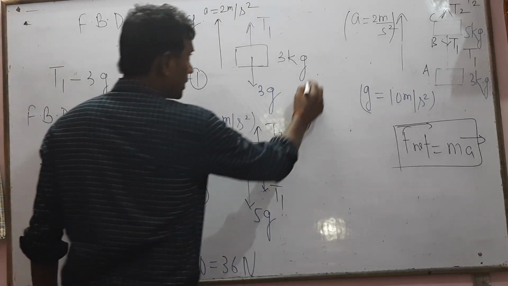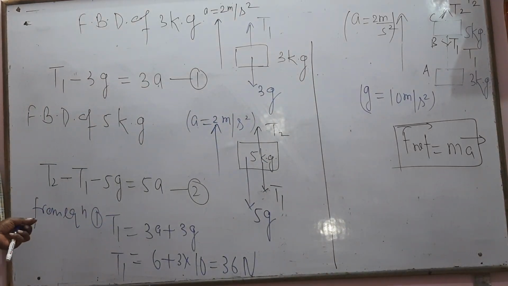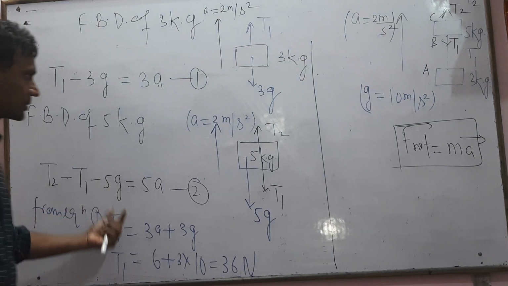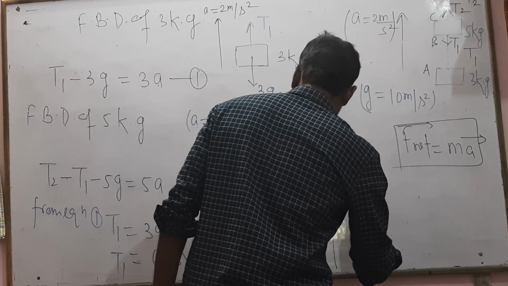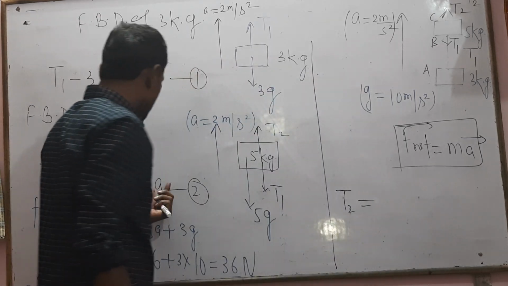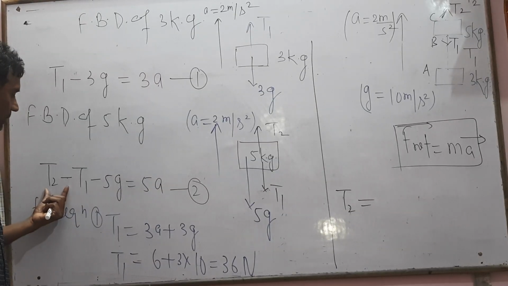Now you can put the value of T1 in equation second. T2 minus T1 minus 5G equal to 5A. Because acceleration A is known and T1 is known, you can calculate the value of T2.